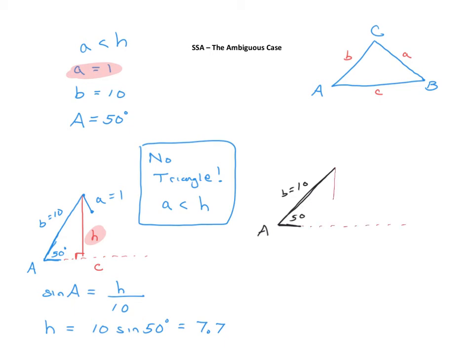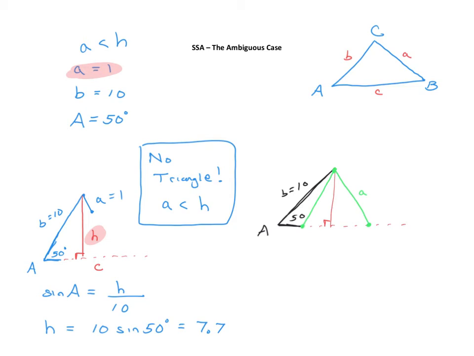So, here's that vertical distance again. The way you could get two triangles is if A is long enough that it's longer than H, but it goes over here like this. So here's one value of A. But potentially, your second triangle can come in over here like this.